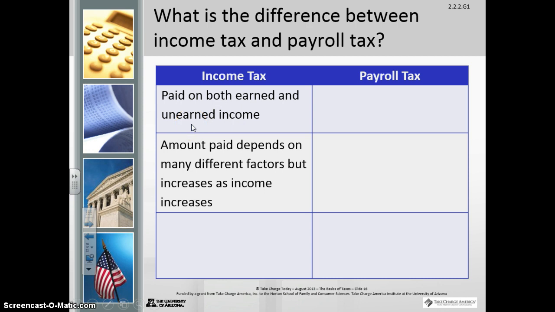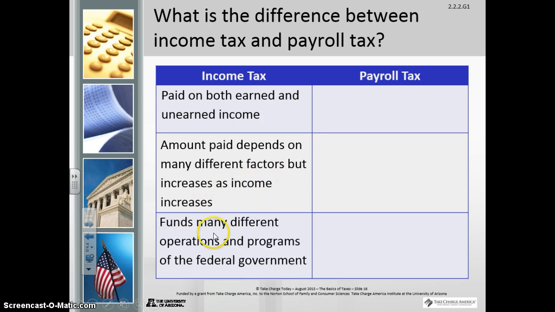Unearned income is, for example, from the interest that you accumulate on your savings. The amount paid depends on many different factors, but it increases as your income increases. Remember, the people who make the most pay the most taxes.